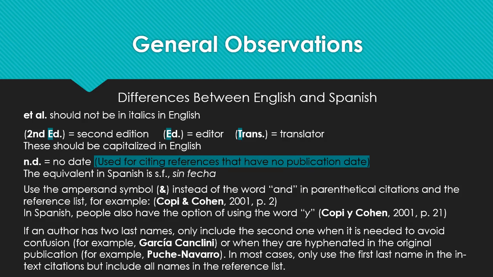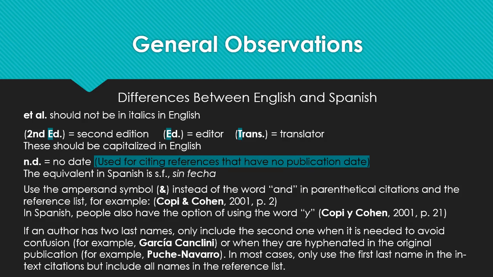There are some general observations of differences between the use of APA in English and Spanish. Because a lot of students have studied in both languages, these little details can cause some confusion. So for example, et al., which is the abbreviation that we use in the in-text citations to show that a source has 3 or more authors.